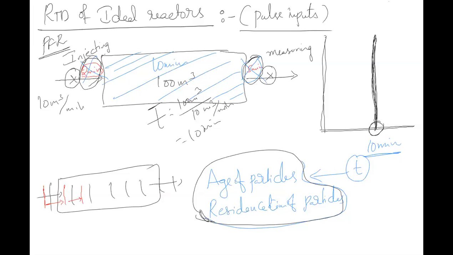Finally that plane of red molecules will come out as it is, as a plane of molecules. Those red molecules will not be shared by anybody inside the reactor. So that is what RTD is: if you inject 100 red molecules, how those red molecules are coming out of the reactor.